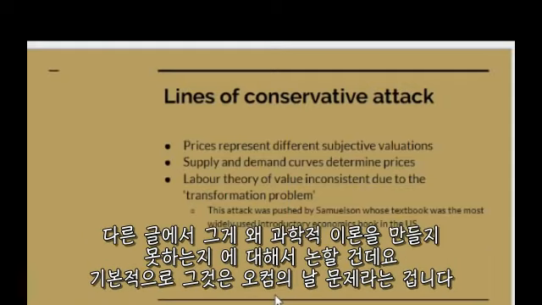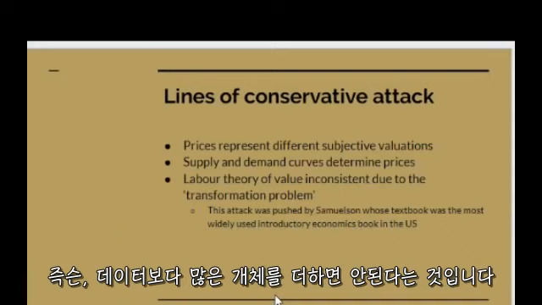Now, in another publication, I go into some detail as to why this doesn't constitute a scientific theory. Basically, it's a matter of Occam's razor, which says you shouldn't multiply entities beyond causes.